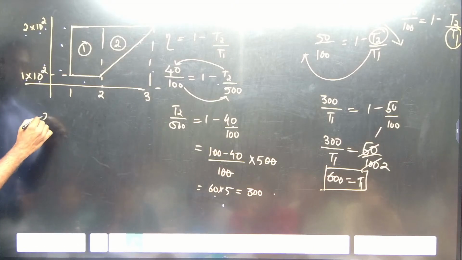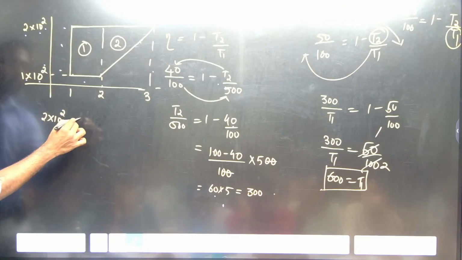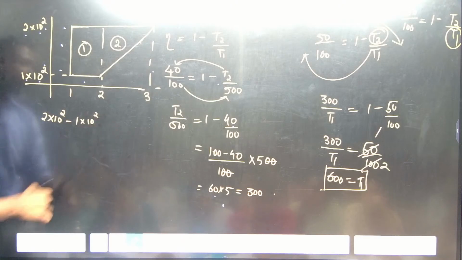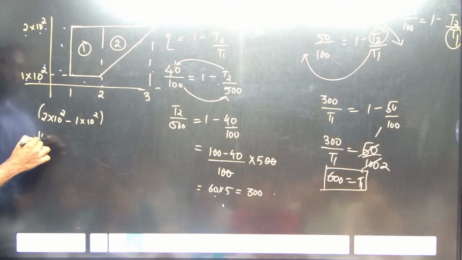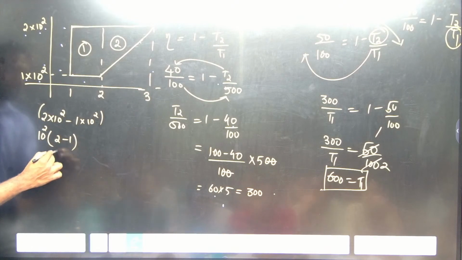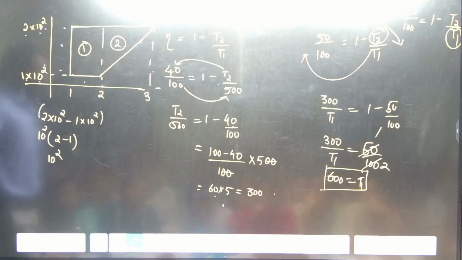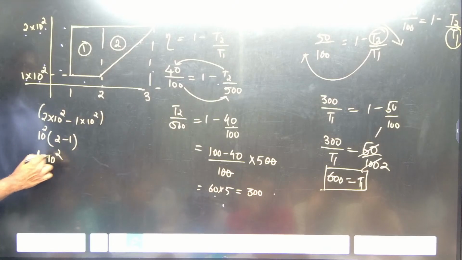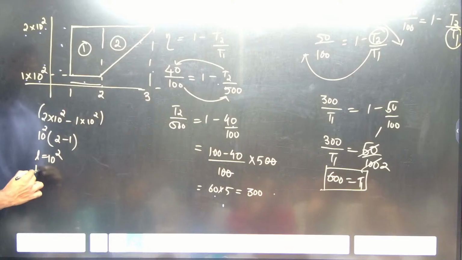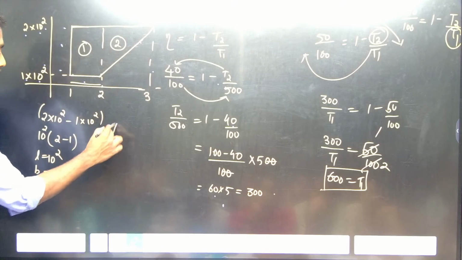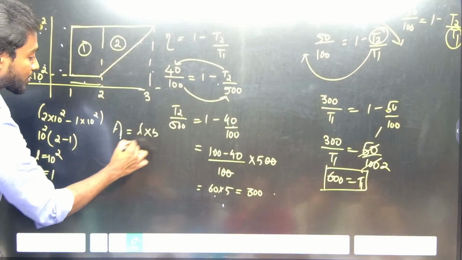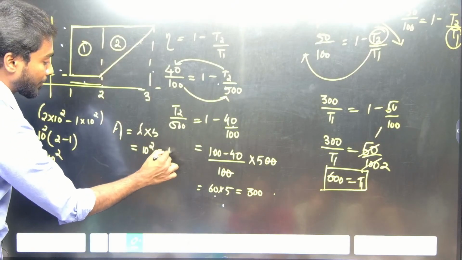See, 2 into 10 power 2 minus 1 into 10 power 2. If I take 10 power 2 commonly outside, it is 2 minus 1, which is nothing but 10 power 2. Okay, so I'll get the length as 10 power 2. What is the breadth here? 1. So the area of the first one will be L into B, which is nothing but 10 power 2, which is nothing but 100.